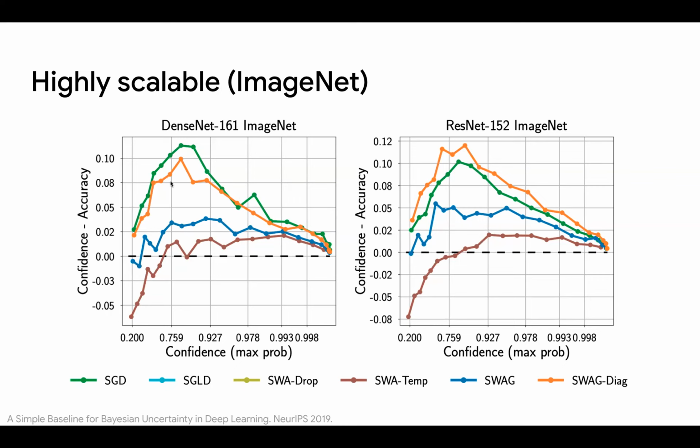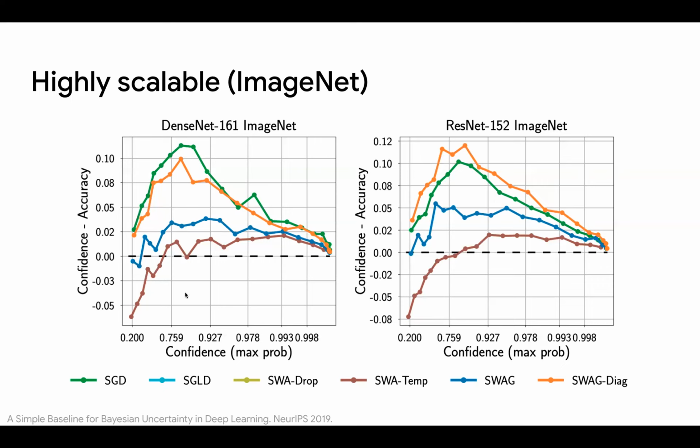So here you're comparing the normal SGD, right? And this SGLD is stochastic gradient Langevin dynamics, another type of MCMC method. Oh, this is not shown actually. I just cropped it from somewhere, so probably this was cropped out. SWAG is full covariance matrix, and SWAG-diag is a simpler one. So now this is confidence minus accuracy for different confidence values.